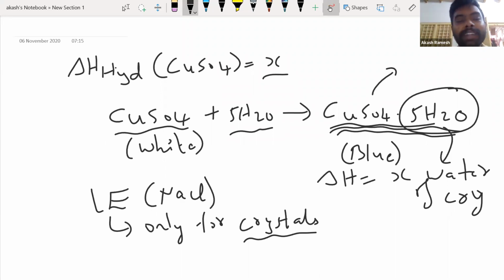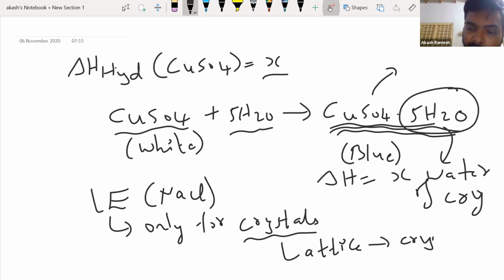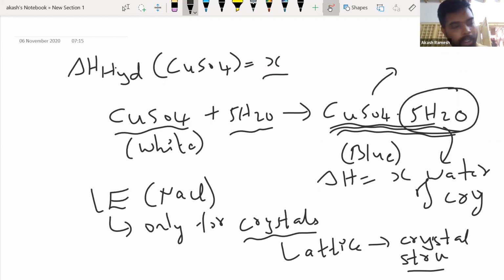Okay, so when I say lattice, people, lattice basically means the crystal structure. There is a chapter called Solid State in your 12th class.